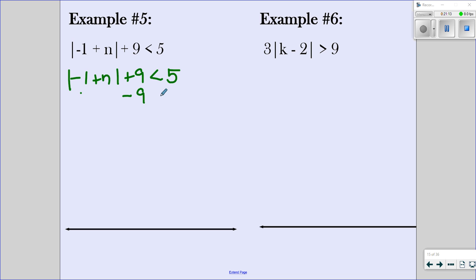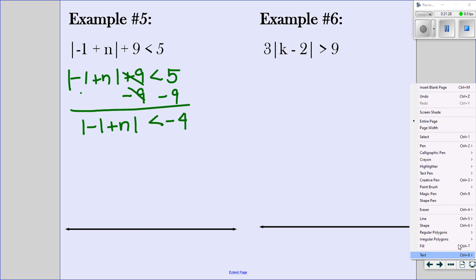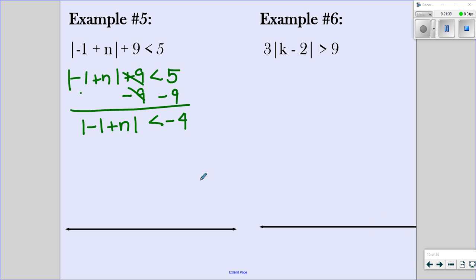So we need to subtract 9 on both sides. And then we will be left with negative 1, absolute value of negative 1 plus n, which is less than negative 4. Now we can split it up, and I'm going to use another color so that it can be distinguished. So negative 1 plus n is less than negative 4. But there is something here.